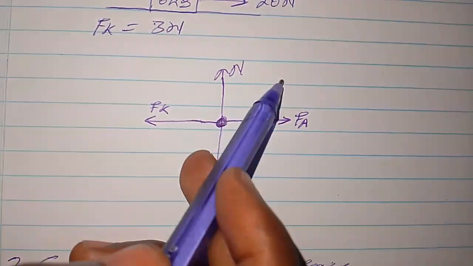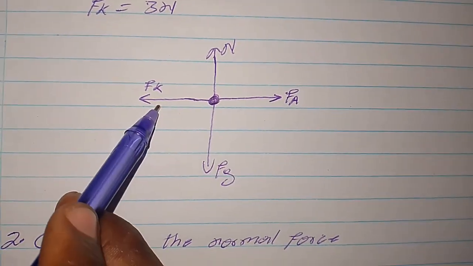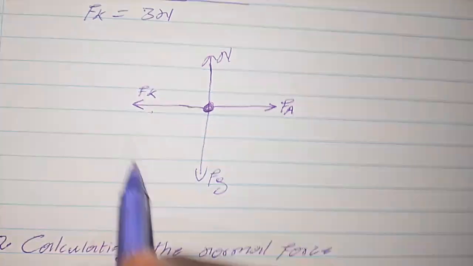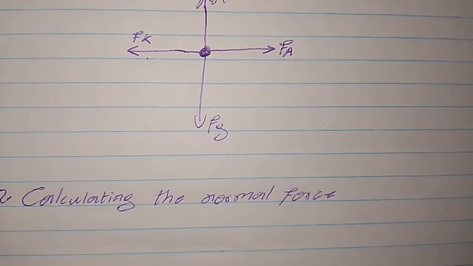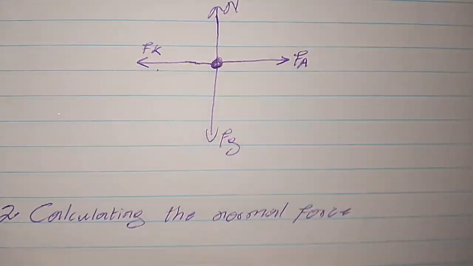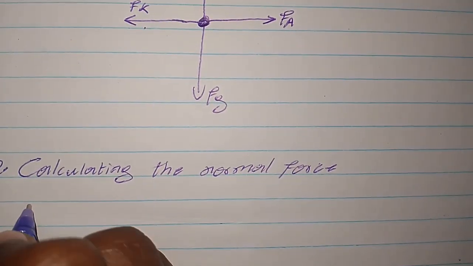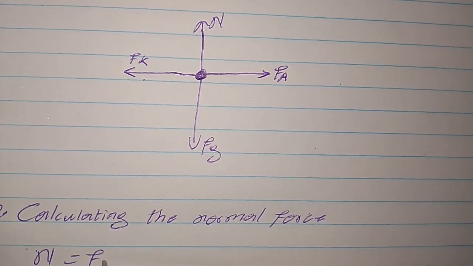It means that the applied force and frictional force are the only forces which are not balanced. But all the vertical forces are balanced because the object is not moving up and down. So we can conclude that normal force is equal to Fg.